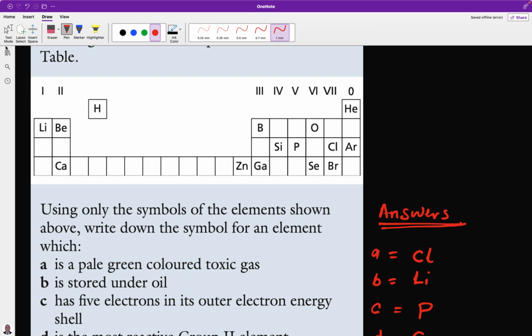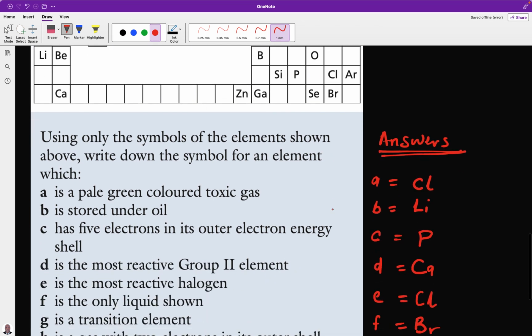So this block here, the D block, is what we call the transition metals or transition elements. From scandium to zinc, they are all transition elements. The only one that is found here is zinc, Zn. So G is Zn.